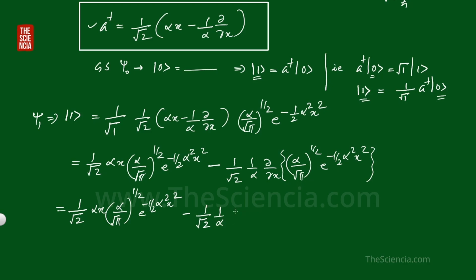So we can take these constants outside, that is (alpha by root pi)^(1/2), derivative dou by dou x of this type, that is e raised to minus half alpha square x square into dou by dou x of this type, that is minus alpha square x. Here we can cancel one of the alpha and this alpha.